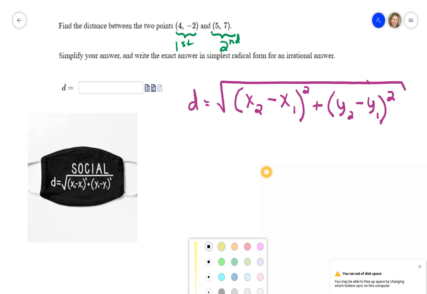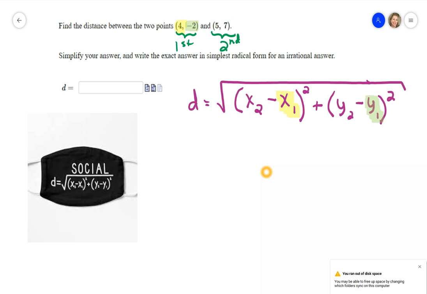So, this 4 is the x coordinate from the first point. This is where it'll go. And then this is the y coordinate from the first point, so this is y sub 1.